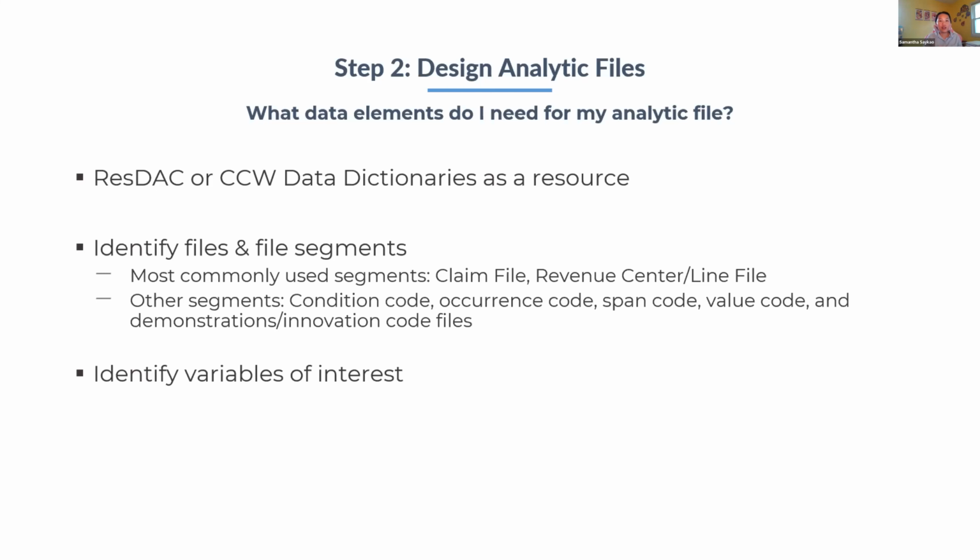And then also identify the variables of interest, which leads back to the file segments. Sometimes I've done this before where I think that there's a variable in the header and it's actually in the revenue center or line file. So when I run my proc SQL, nothing runs, and there's nothing more painful than waiting a few hours and then finding an error message at the end of it. So that's why I definitely recommend taking note of which file segments variables are included in.